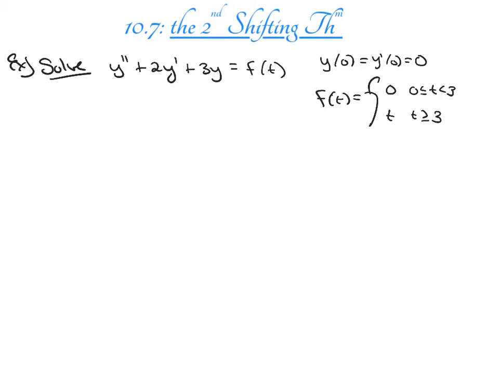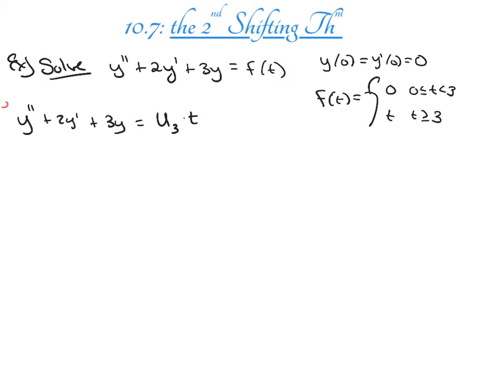So it'd be a good idea to rewrite that differential equation in unit step function form. Y double prime plus 2y prime plus 3y equals the unit step function at 3 times t. So we're basically turning on y equals t at time 3.